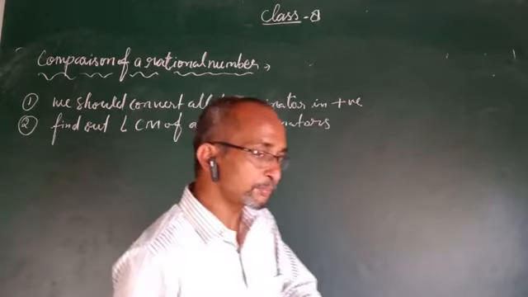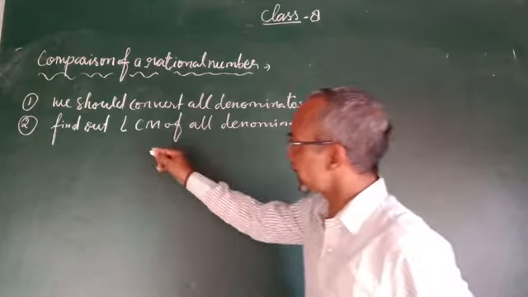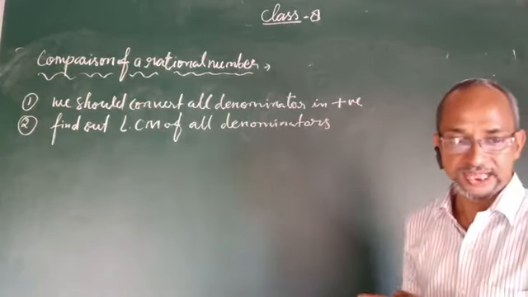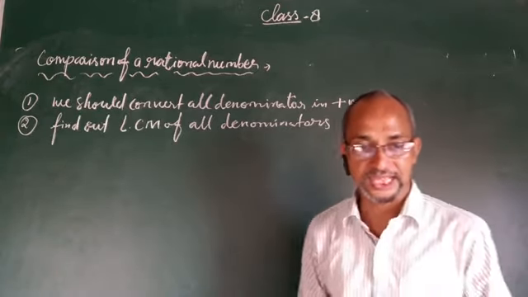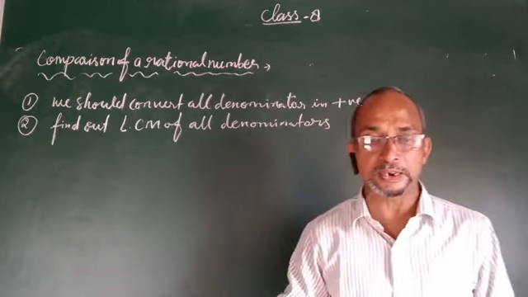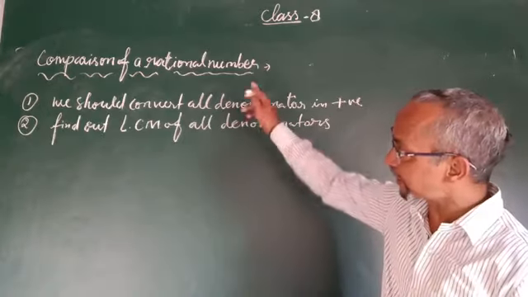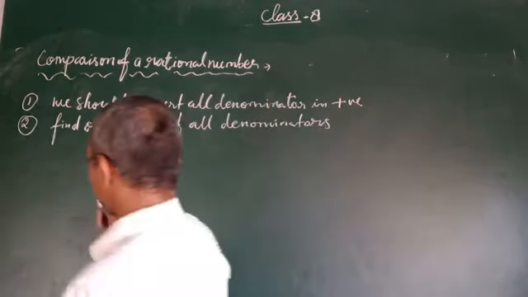If it is already given positive, then there will be no change. Second step, find out the LCM of all denominators. After this, third step: express each of the rational numbers obtained in step 1 with the LCM from step 2 as denominator.